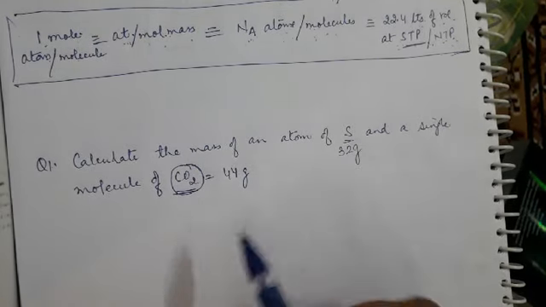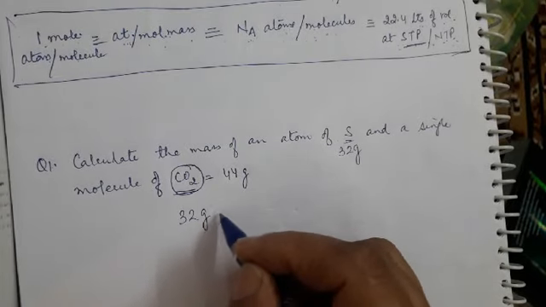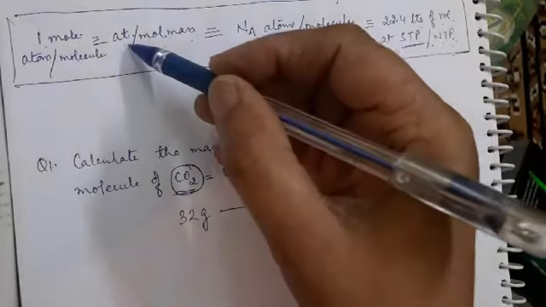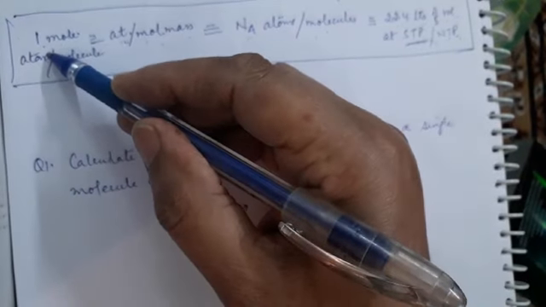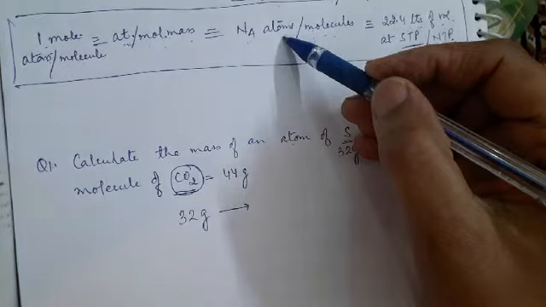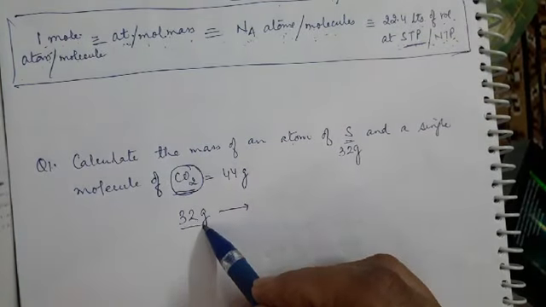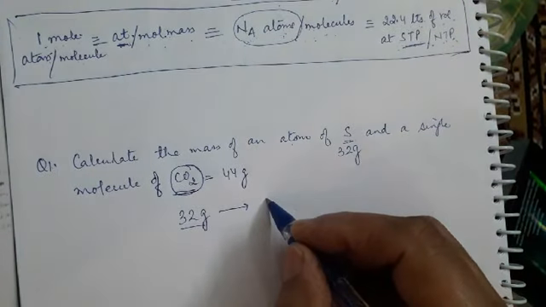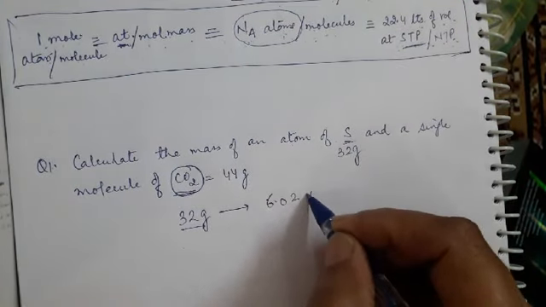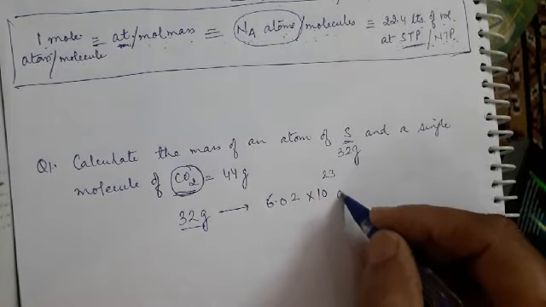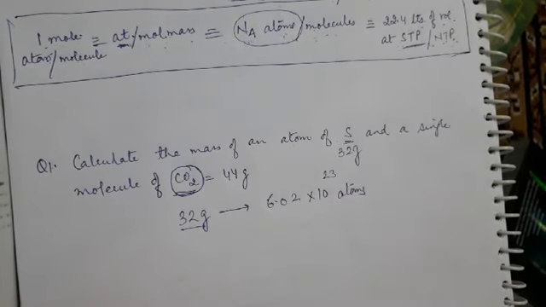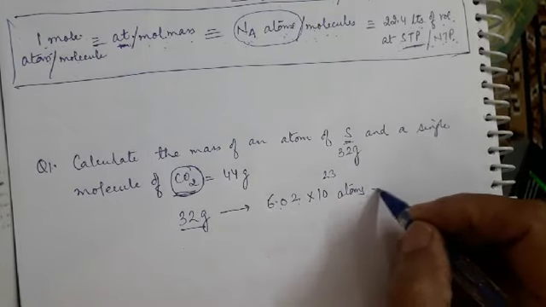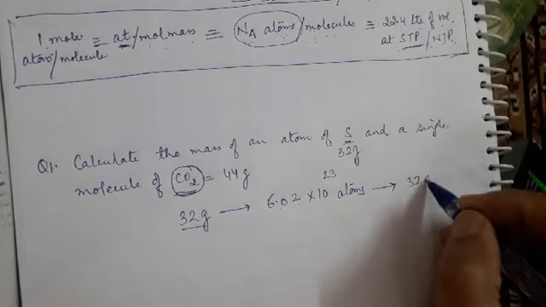Now this 32 grams of sulfur contains how many atoms? 32 gram is the atomic mass and it contains 1 mole, and it contains NA atoms. So if the atomic mass of sulfur is 32, how many atoms are there? There are NA atoms, which means 6.02 into 10 to the power 23 atoms. Indirectly we can write that 6.02 into 10 to the power 23 atoms weigh 32 grams.